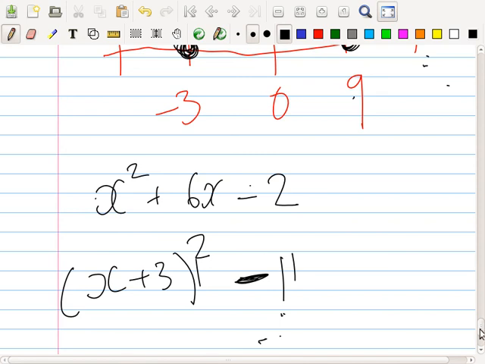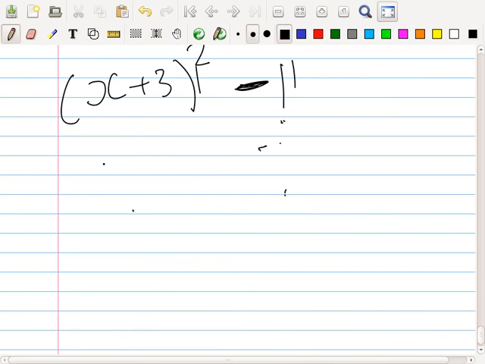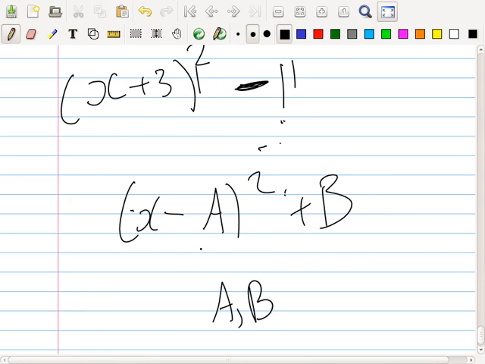Now the reason for that is, if you think back, I said if you have x minus a squared plus b, the answer is a, b. But this is a plus, not a minus, so you have to change this sign. This one you don't care about, so it just stays the same. But this one needs to be changed.